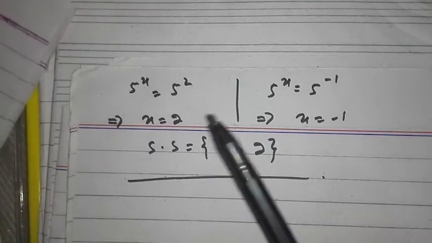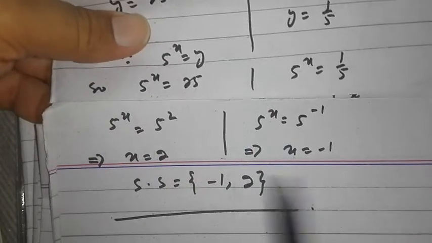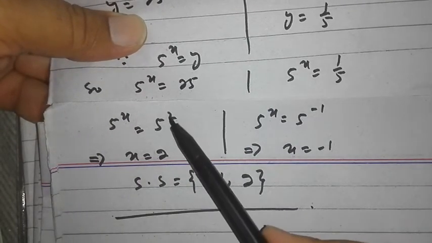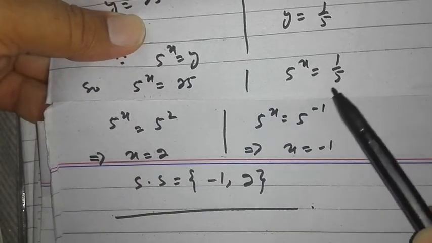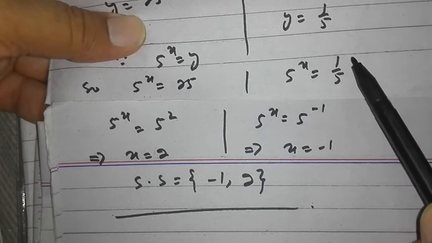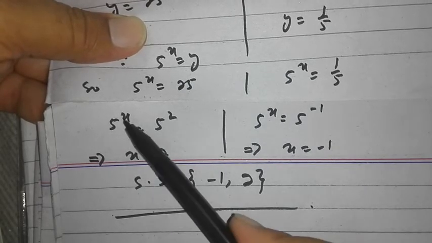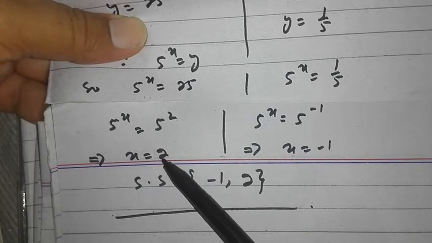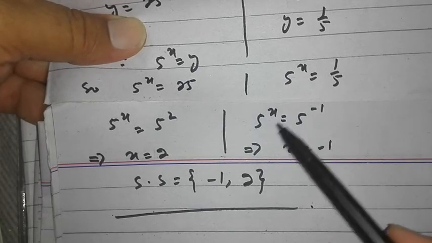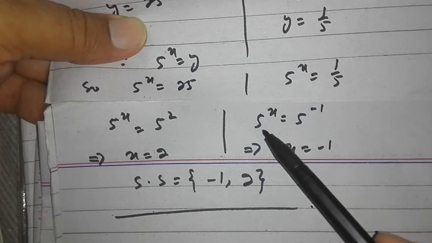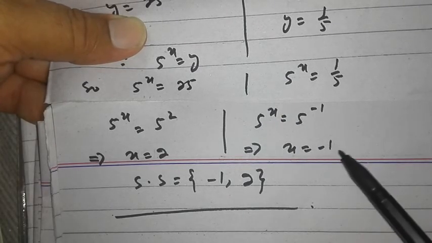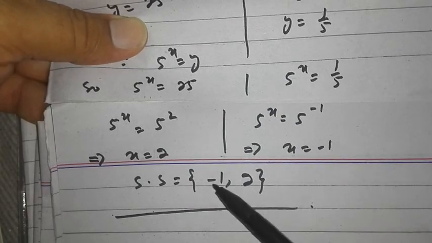Now look at here, this 25 can be written as 5 square, and shift this 5 here to the numerator, it will become 5 power minus 1. The bases are the same, so their exponents will be equal, and in this case too the bases are the same, exponents will be equal, so we get the solution set minus 1, 2.